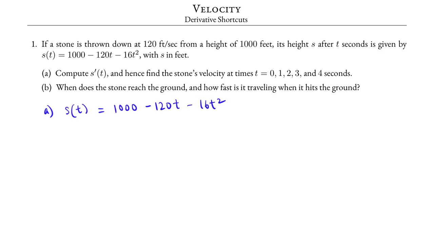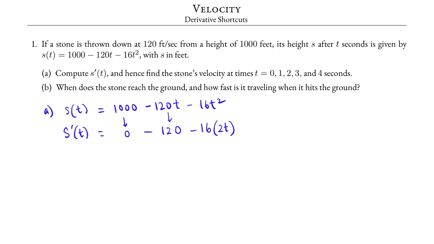The derivative of the sum and the difference will be the sum and the difference of derivatives. In this case, we simply take the derivative term by term. The derivative of 1000, which is a constant, is 0, minus the derivative of 120t is 120, and the derivative of negative 16t squared is minus 16 times 2t.